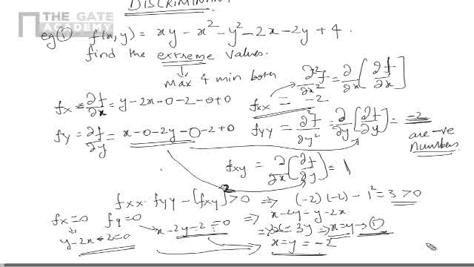Correct? That means for x equal to y equal to minus 2, fx is 0, fy is 0, and fxx fyy minus fxy the whole square is greater than 0. So minus 2 comma minus 2 is a maxima for this function. This is the answer.